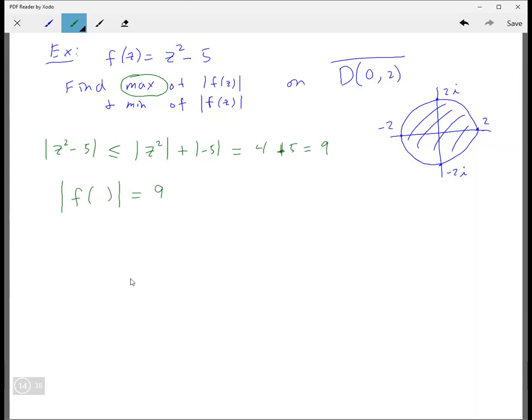Yes, 2i. 2i gives us 2i squared minus 5, so that's minus 4 minus 5, and the modulus is 9. So 9 is the answer.